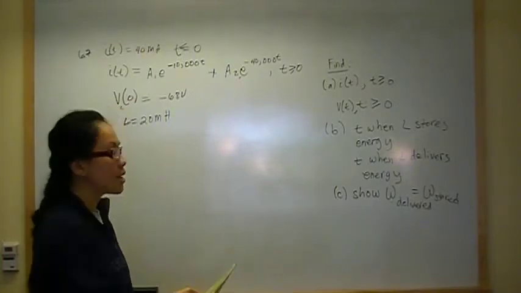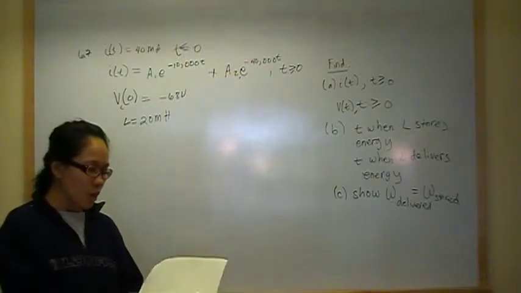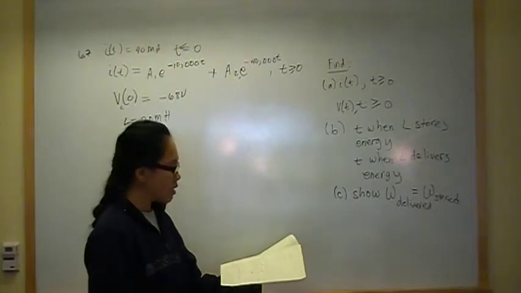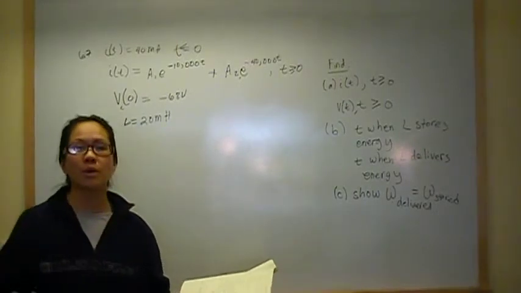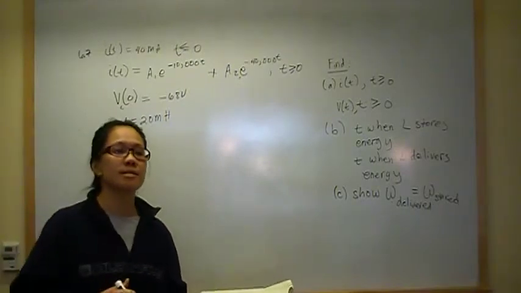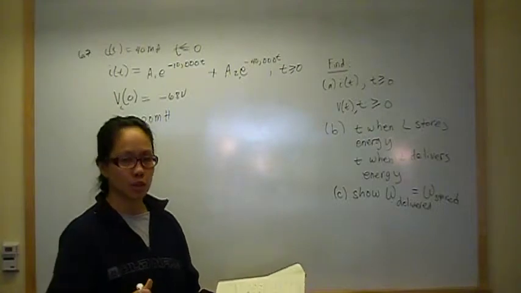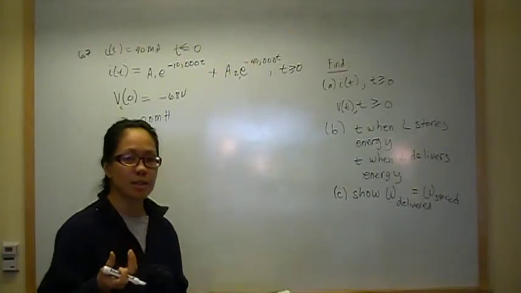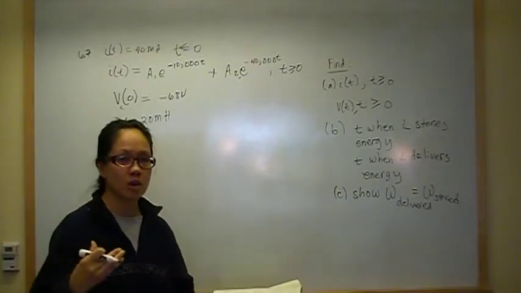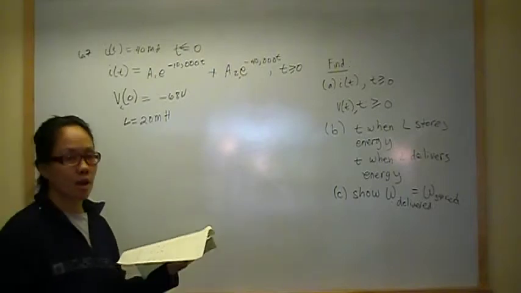You're going to examine those intervals, make a note that power is equal to voltage times current, and take note of when power is negative. Negative power means the inductor is delivering energy to the circuit. When the power is positive, the inductor is absorbing energy or receiving a charge from the circuit. So that's how part B works, and it took a long time.